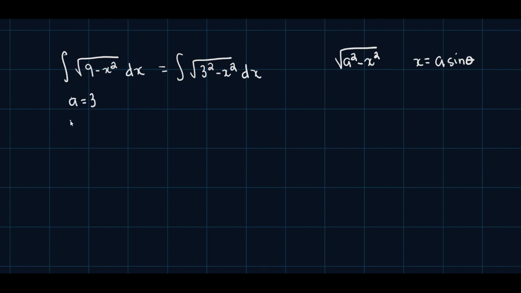So our substitution will now be x equals 3 sine theta. With our value of x as this one, if we get the derivative of x with respect to theta, this will be equal to 3 cosine theta d theta.